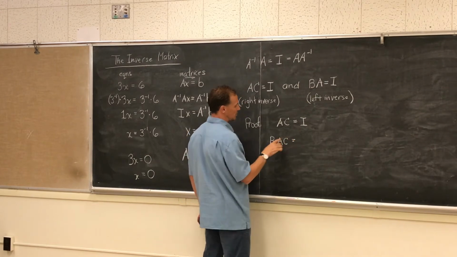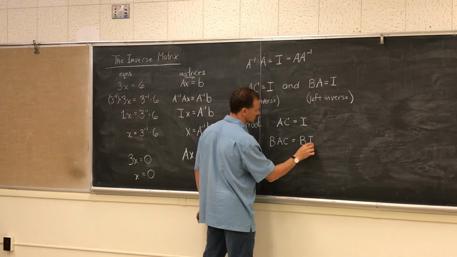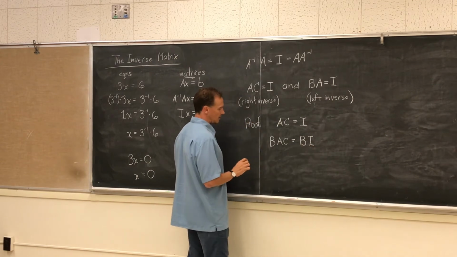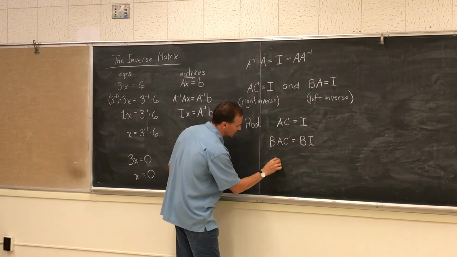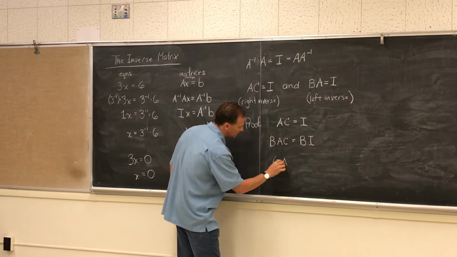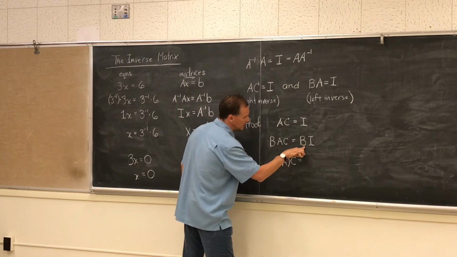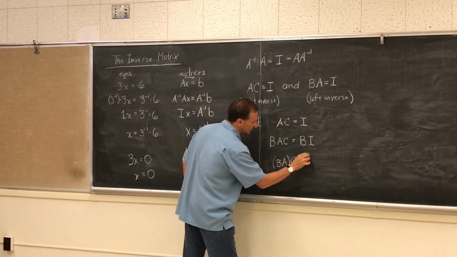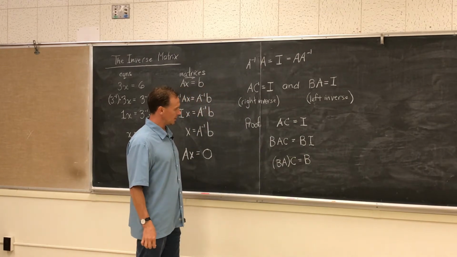AC. So I multiply on the left here. Now, we've already said that matrix multiplication is associative. So what if I look at BA times C. And B times I, well, that's just B. Well, what does this give us?